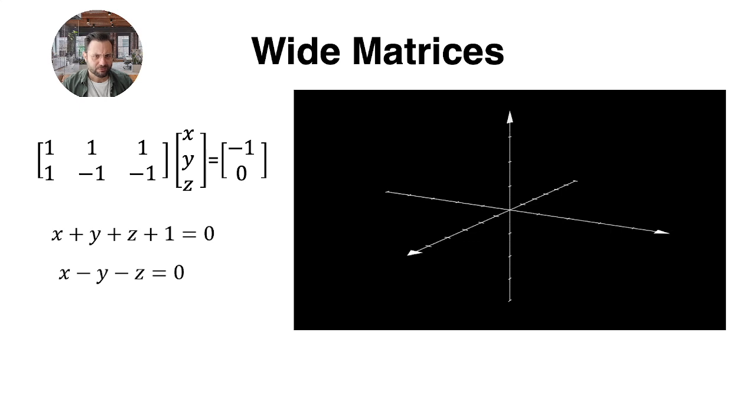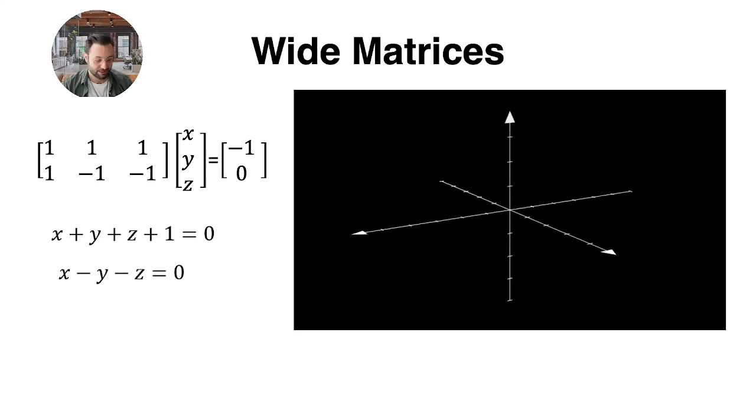So actually this gives us a solution. It's not that there's no solution. We have a solution. Each and every one of these equations in a three-dimensional space represents a plane, right? So we are talking about two planes.